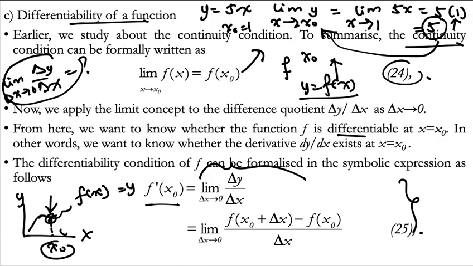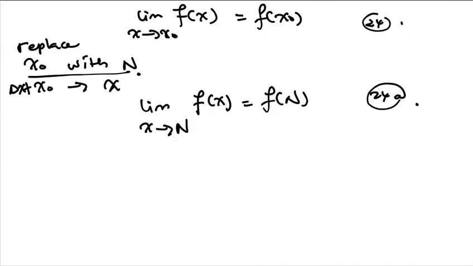So for this function here, if I rewrite it again here, then f prime of x naught, at a particular x naught on a curve, we want to see whether the curve at that value of x, which is x naught, can be differentiated or not.